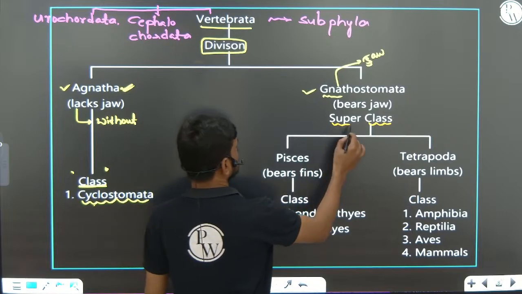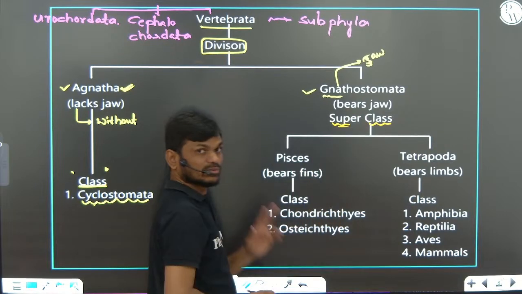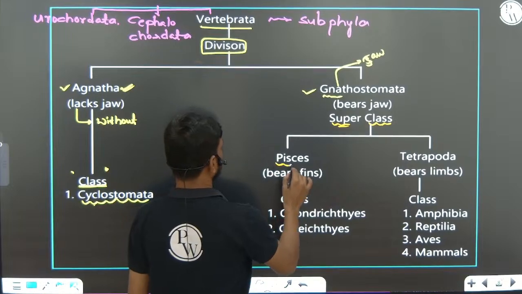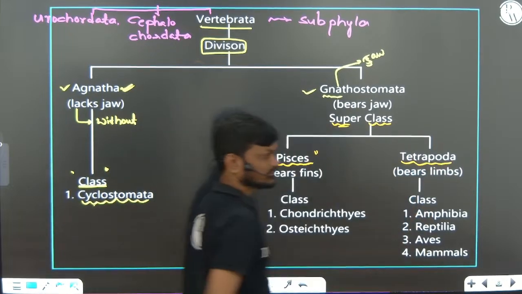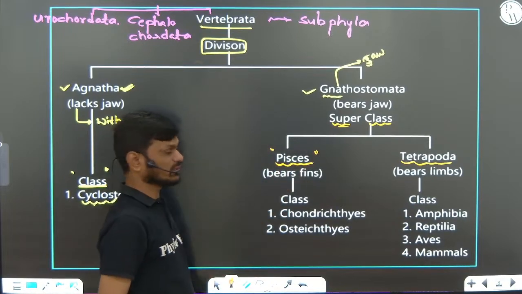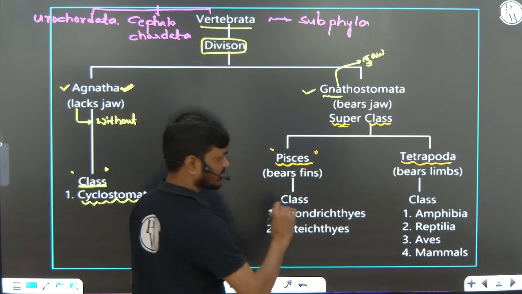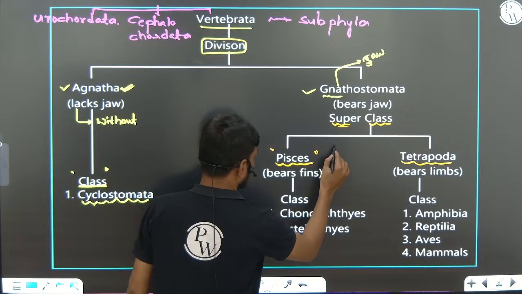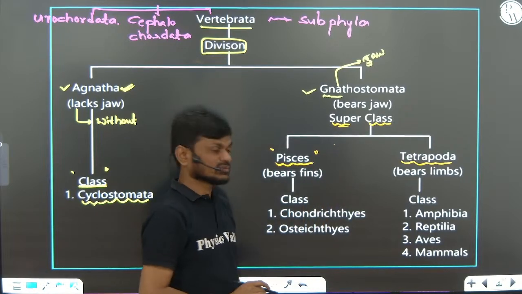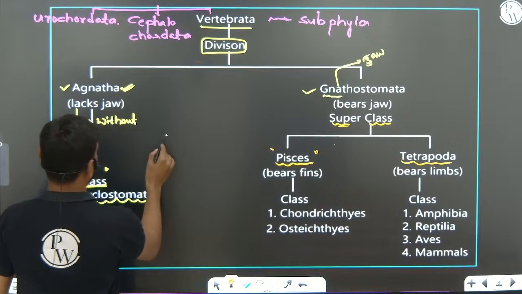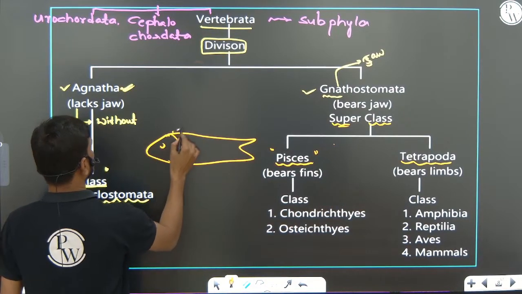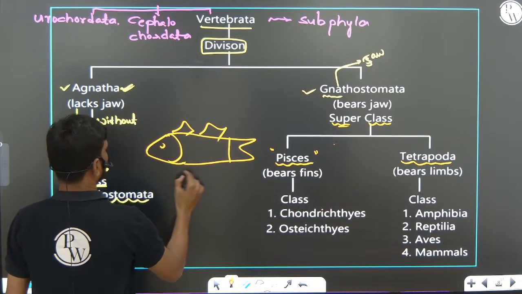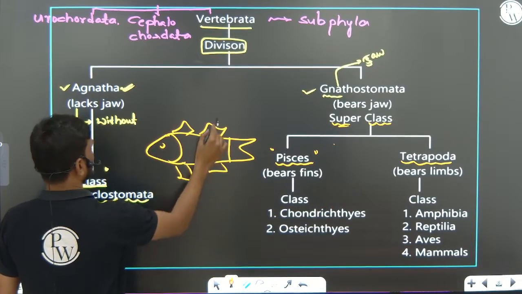Gnathostomata is divided into two superclasses, Pisces and Tetrapoda. Here the basis is the locomotory organ, that is limbs. Example, these are the fins.